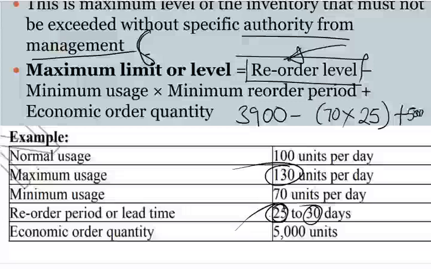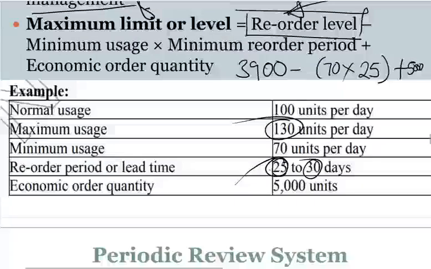Have you seen? That's how you're supposed to do it. Reorder point is maximum daily usage times maximum lead time. So we're saying minus minimum usage times minimum reorder period, which is the same as lead time, right? So you are taking 25. So we're going to start with multiplication because that's BODMAS, right?